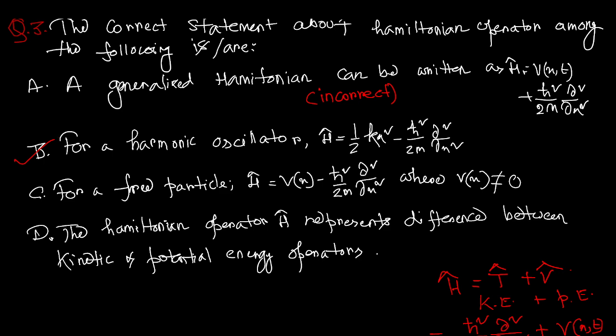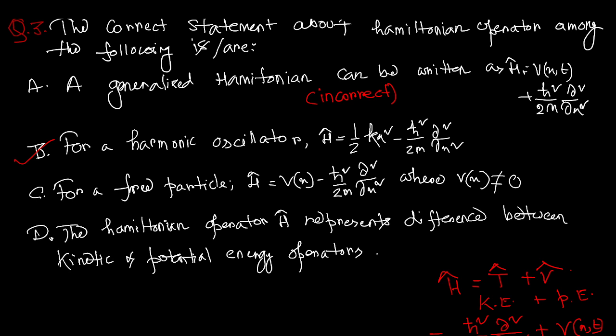Now what do you mean by a free particle? A free particle means, if you look at a particle in a box or a particle in a 2D box, we just say free particle in a 2D box, free particle in a 1D box. That means in that area the particle doesn't feel any potential.